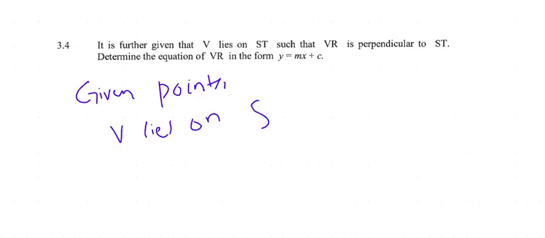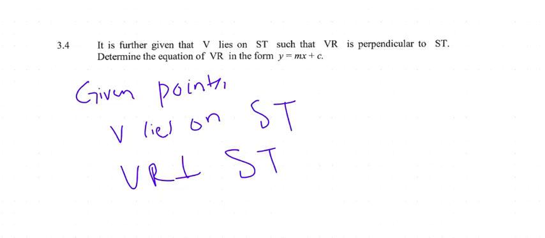So over here we have been given that V lies on ST and VR is perpendicular to ST. What we have to find out is the equation of the line VR in the form y equals mx plus c. So we first need the gradient of ST.